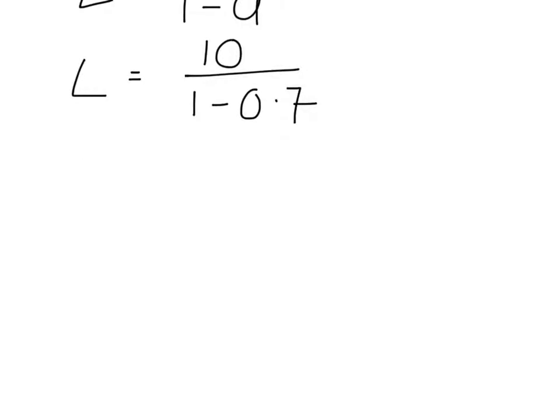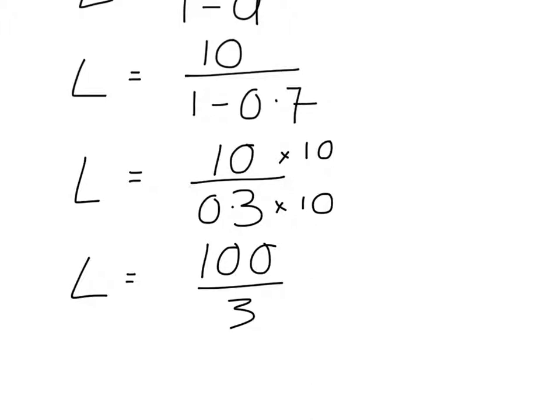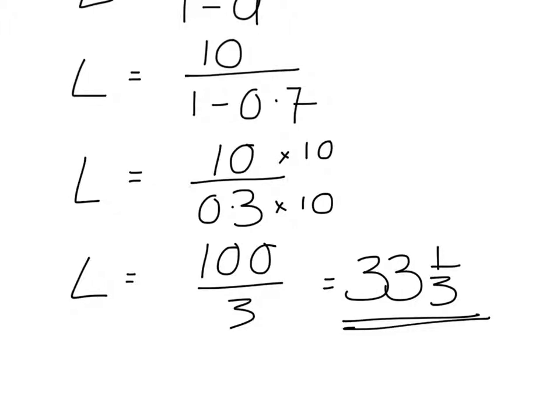So that means our limit, L, is 10 over 0.3. Multiplying by 10 on the top and the bottom here gives us a fraction we can work with. So that's 100 over 3. 100 over 3 is 33 and a third. That's the exact value of our limit and the end of the question.